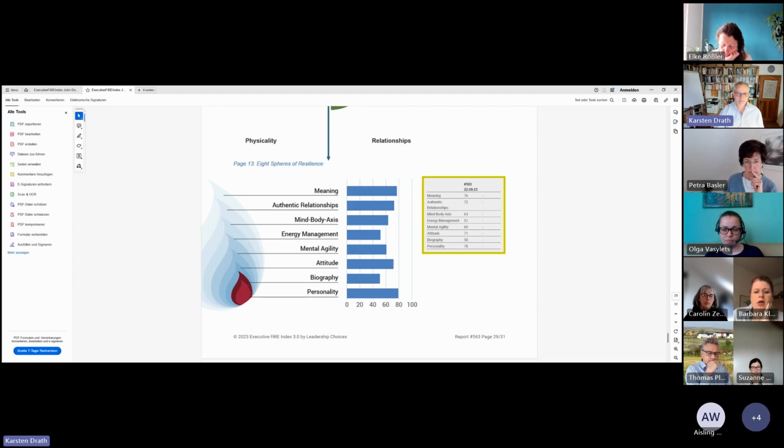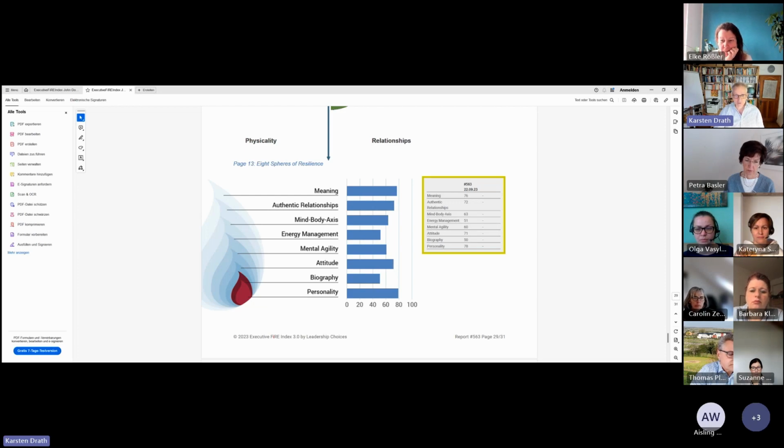Mental agility, I wouldn't invest too much time here simply because that person has a very high trait in the area of originality. So in other terms, they don't need to do improv theater. They will be naturally strong in improvising and dancing in the moment. That's what they thrive on, right? We see attitude also, that's super strong, or very strong.